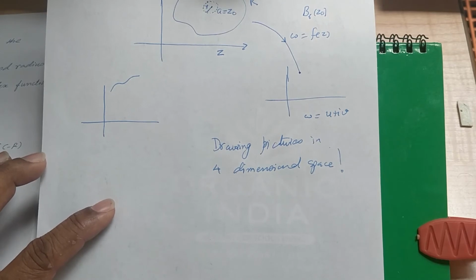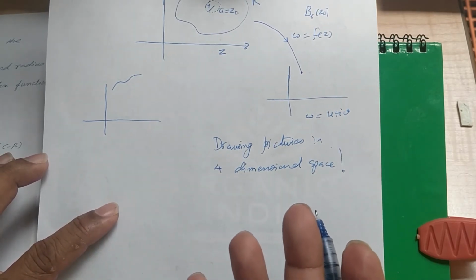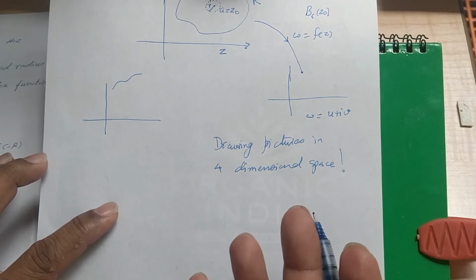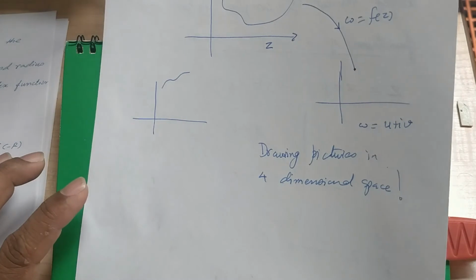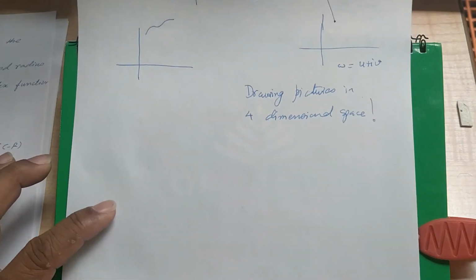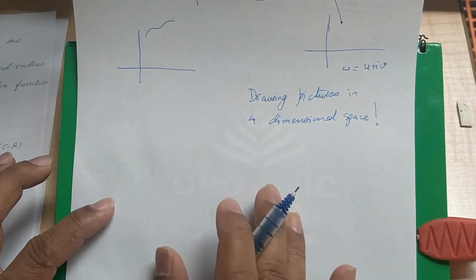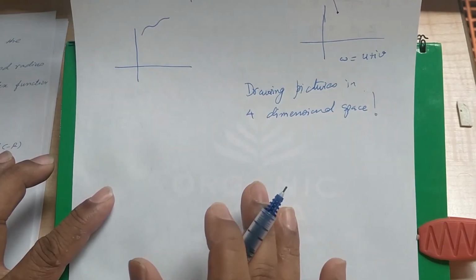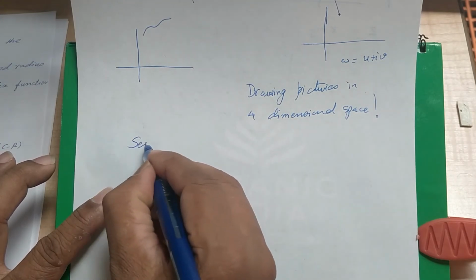So we don't draw graphs of a complex function of a complex variable. You certainly cannot draw the graph of the entire function, but if you want to have some idea, you can draw sections of the graph.